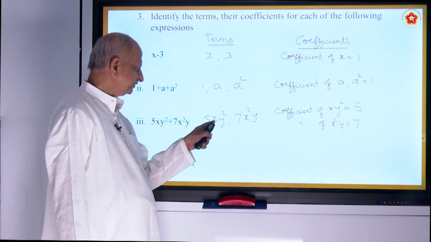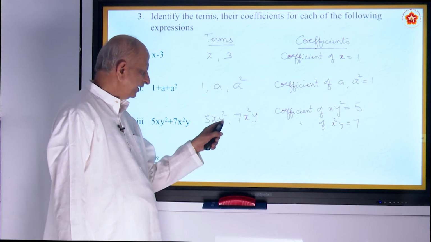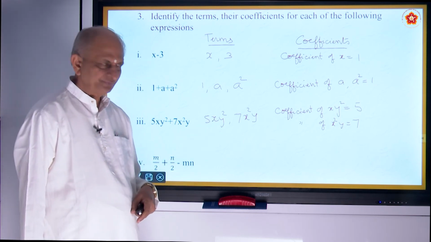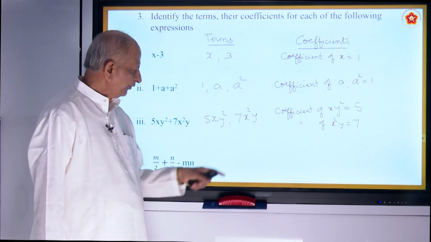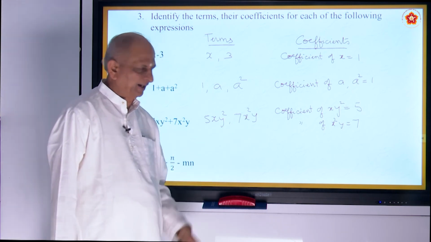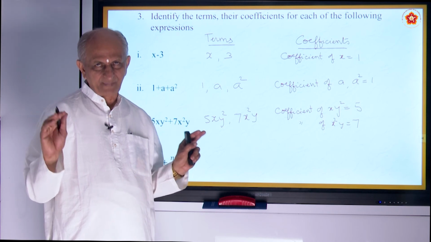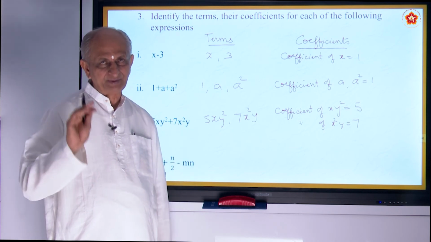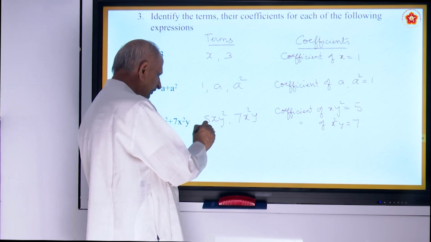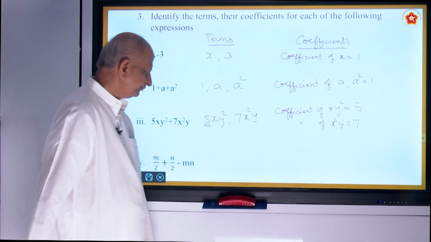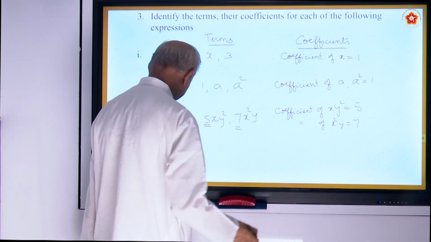What is the coefficient of x? 5y square. What is the coefficient of y squared? 5x. What is the coefficient of x squared? 7y. What is the coefficient of y? 7x squared. I think you understood the meaning of the word coefficient: the number or term by which the given term is multiplied. Here xy squared is multiplied by 5, that is why you wrote it as 5. X squared y is multiplied by 7, that is why you wrote it like that.